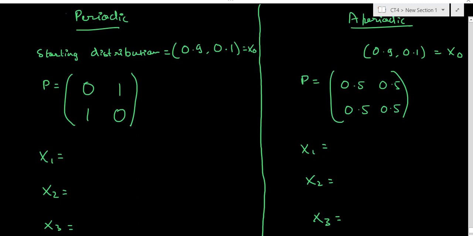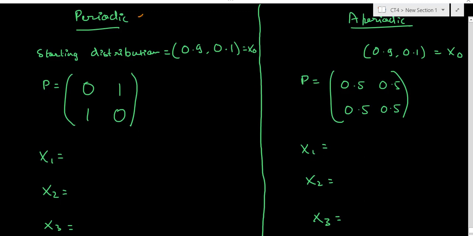So this is the aperiodic case and this is the periodic case. Let's try to compare these two. We'll assume some starting distribution, and we will see where the Markov chain is heading in the long run, that is after a lot of steps, and how it is tending towards its stationary distribution.